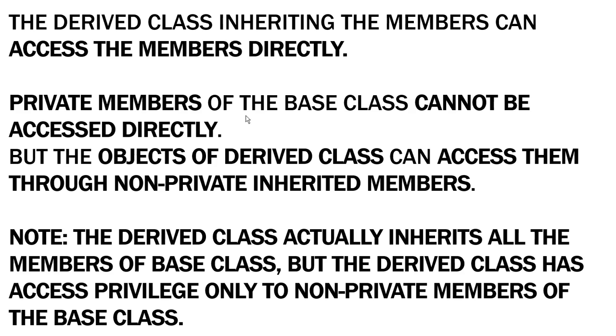Suppose you want to access the private members, then what you'll do, you'll use the non-private members of the base class for accessing the private members. So suppose you will use a public function here to access the private members. So we have a note here that all the members of the base class are derived while derivation, but we have access only to the non-private members of the base class. You cannot touch the private members.